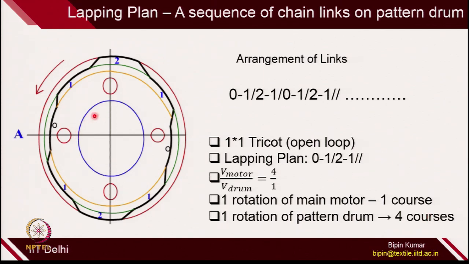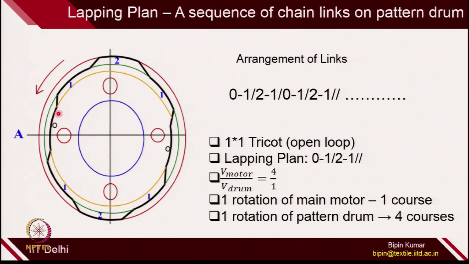So, every 90-degree rotation of the pattern drum you are able to create 1 course, and this is also visible from here, because from 0 to 1 you are doing overlap, and then 1 to 1 you are doing swinging, then 1 to 2 you are doing underlap, and then 2 to 2 you are doing swinging again.